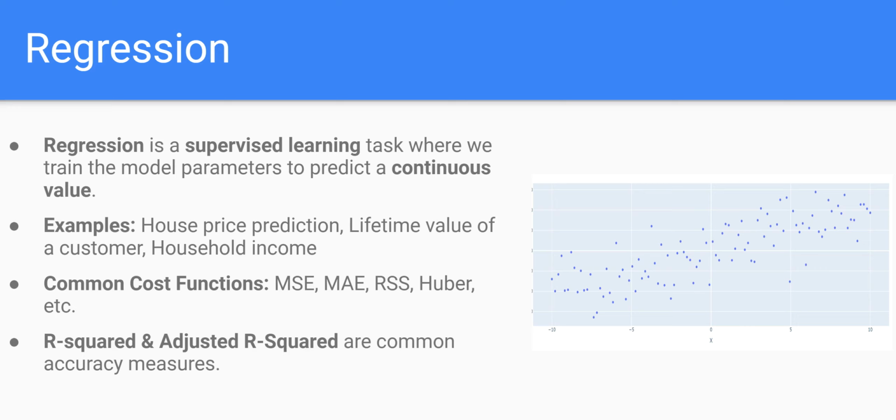Two common accuracy measures are going to be the R squared and the adjusted R squared. So the R squared is going to be the correlation coefficient squared between the predicted values on your data set and the actual values. And so imagine this was a plot not of the XY relationship, but of the relationship between the predicted values and the actual Y values themselves.